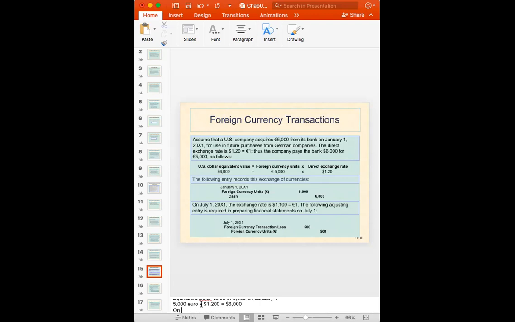But on July 1st, the equivalent dollar value of 5,000 euro is 5,000 euro times, since it's July, 1.10. So now it becomes 5,500.